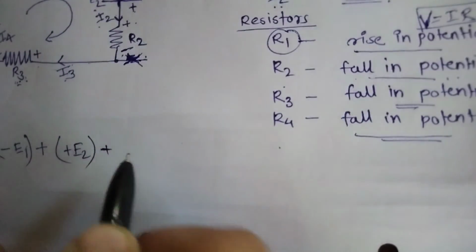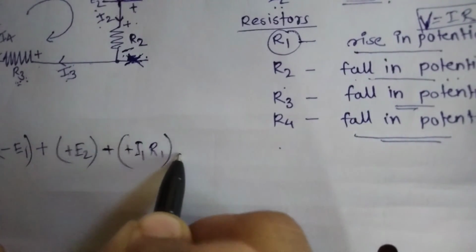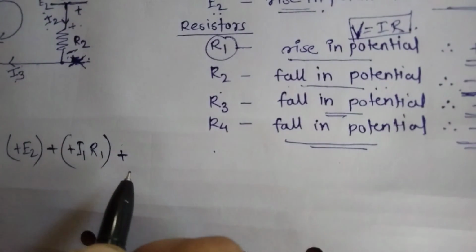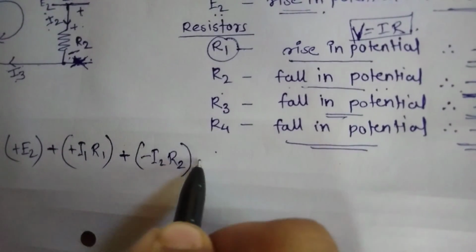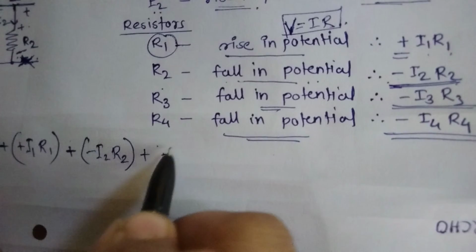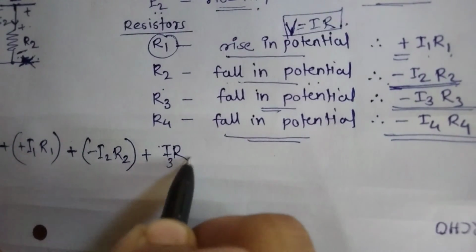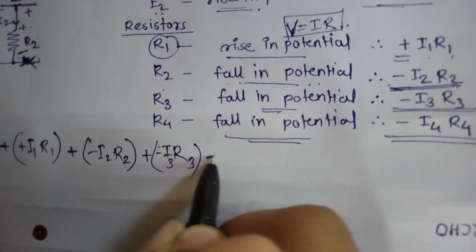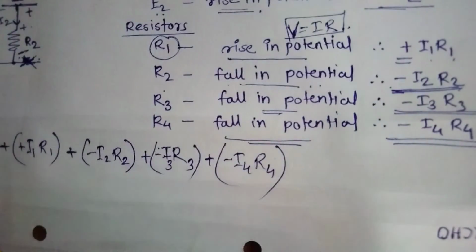Next plus I1 into R1, plus what is in the resistor 2, that is minus I2 into R2, then minus I3 and R3 with minus sign, then we'll take I4 into R4 with negative sign.